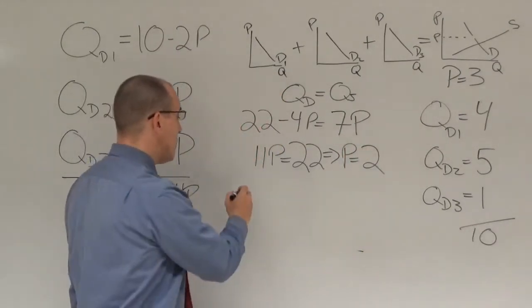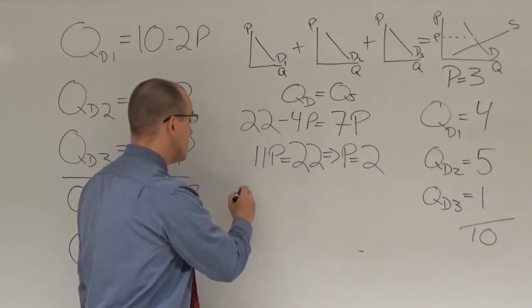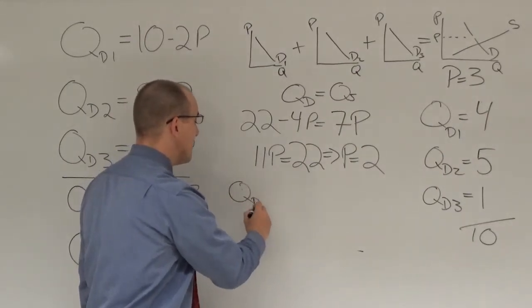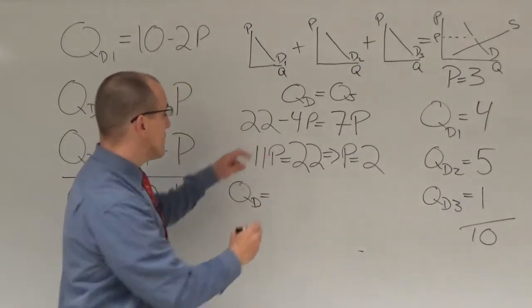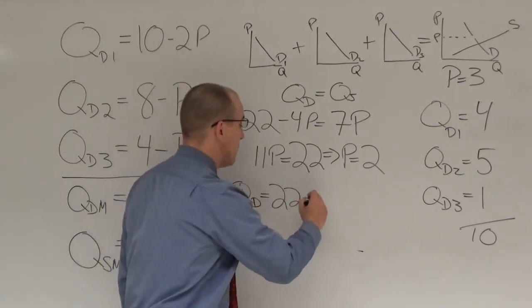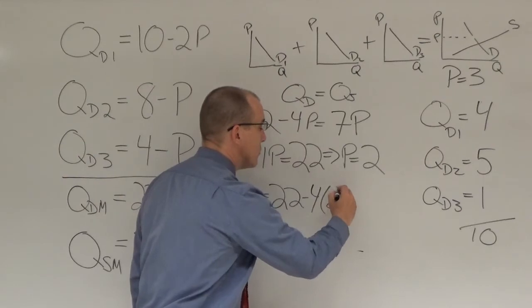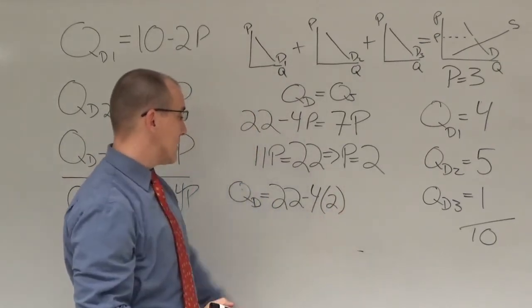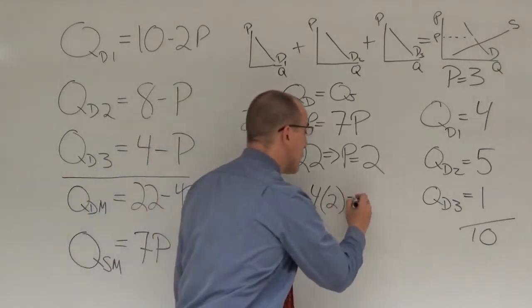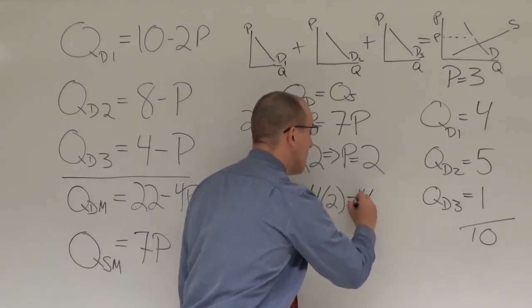At a price of 2, my quantity demand is 22 minus 4 times 2, which is 8, and this would give me a 14 for quantity.